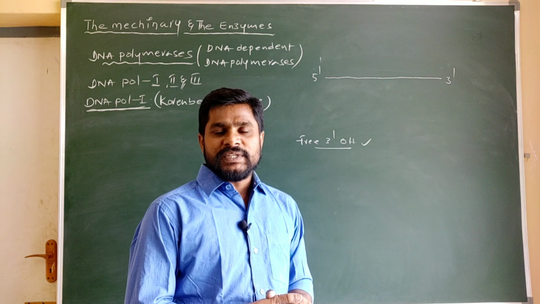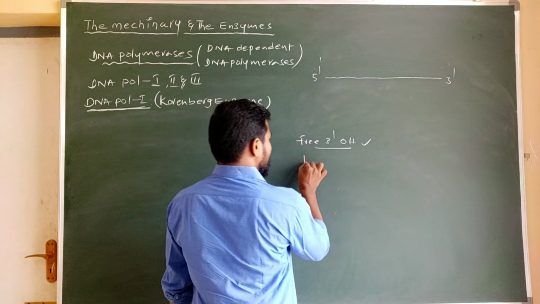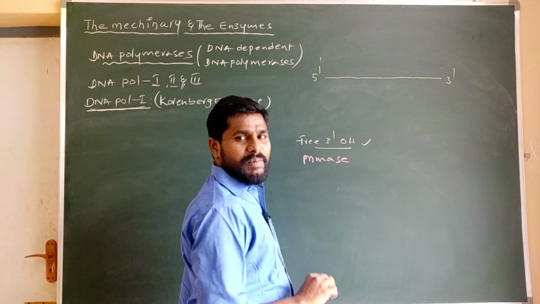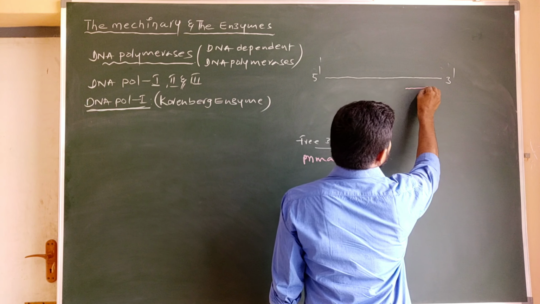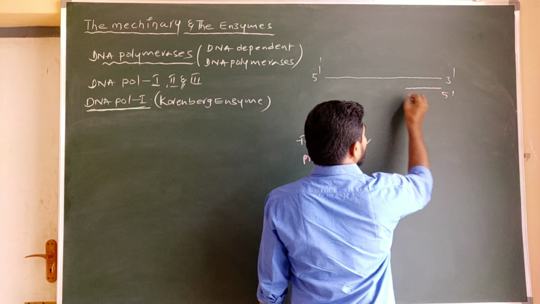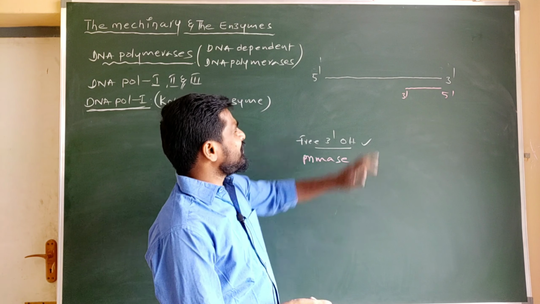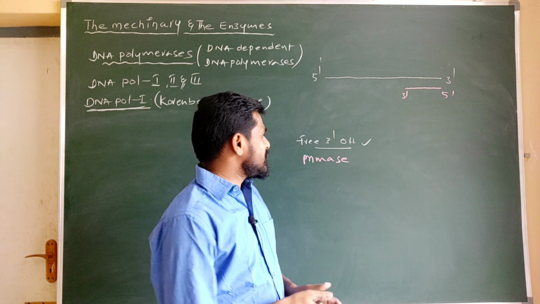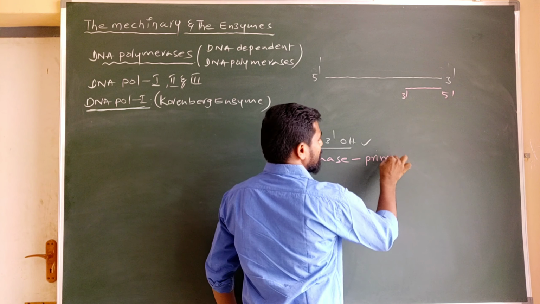Here there is a specific enzyme called primase. By its activity, it synthesizes a short stretch of RNA primer in 5' to 3' direction by using the complementary sequences of the template DNA. So the primase adds a primer.